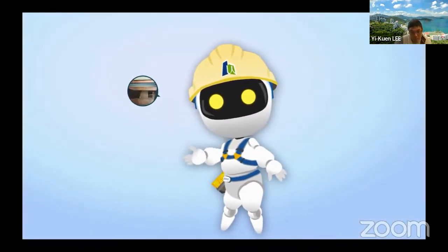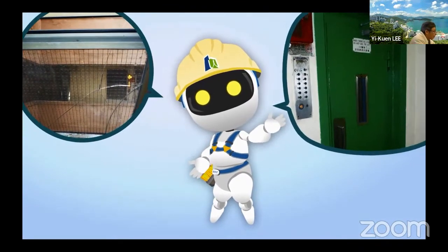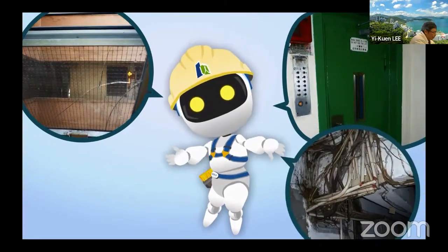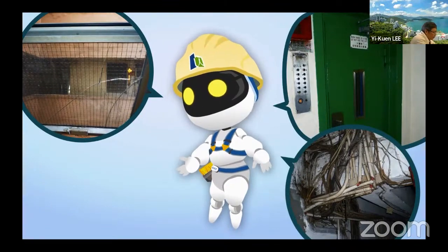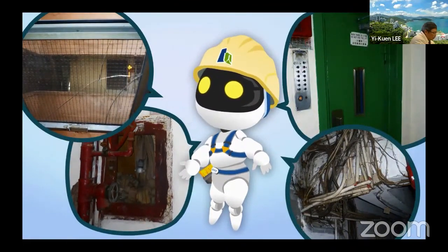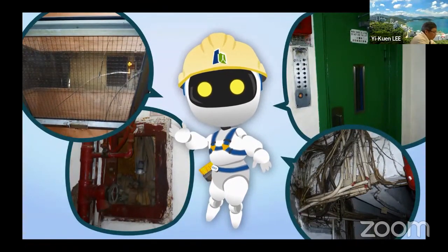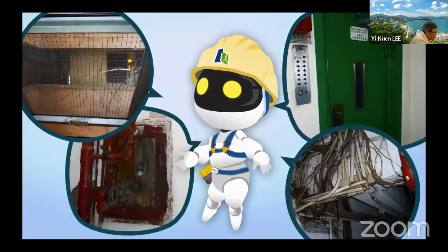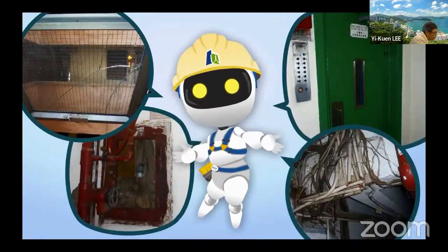Also, the defective windows, lifts, and electrical installations affect residents' and public safety. The maintenance of fire safety provisions and fire service installation and equipment is very important as well. In case of fires, the consequences of malfunction of fire safety provisions and fire service installation and equipment will be catastrophic.